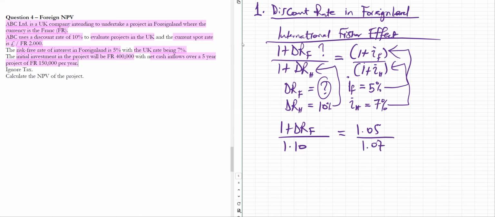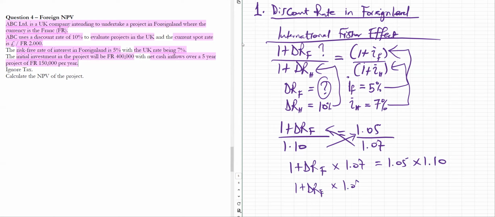As usual, you can multiply through, but you can just cross multiply. So that gives us 1 plus DRF times 1.07 equals 1.05 times 1.1. It means I can divide both sides by 1.07.